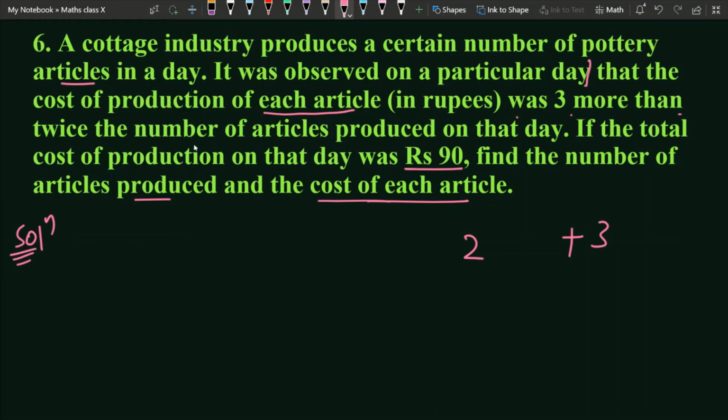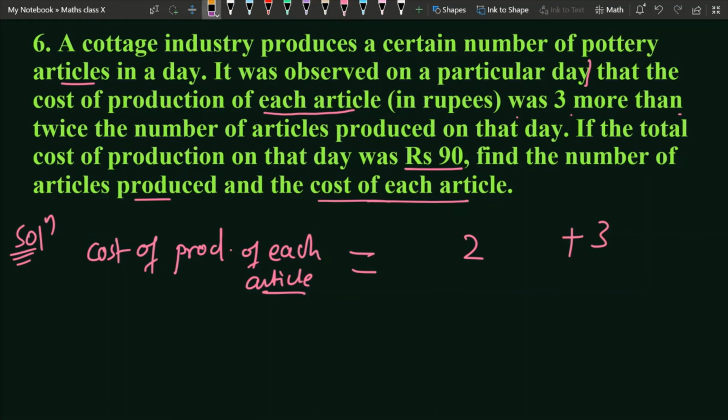Let me write it. Cost of production of each article is equal to 3 more. 3 more means plus 3.